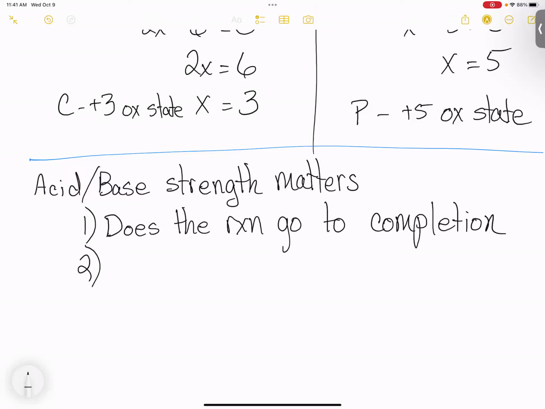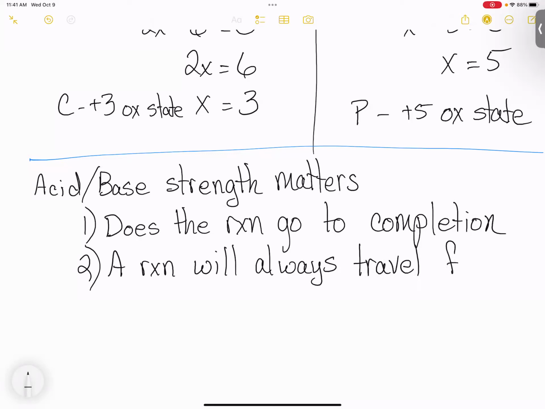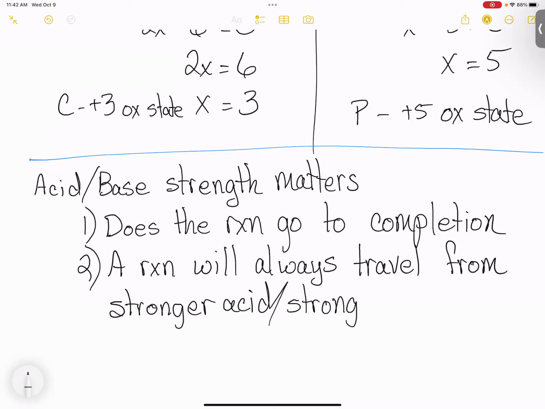But number 2, a reaction will always travel from stronger acid, stronger base, to weaker acid, weaker base.